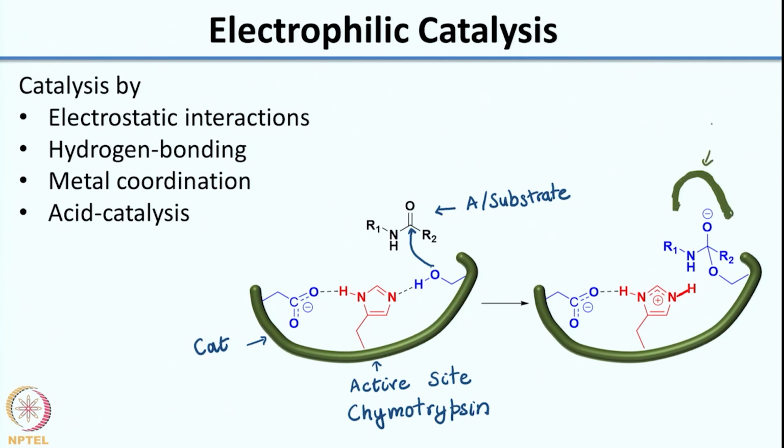So you have an additional pocket here. So this is an example of electrophilic catalysis, where you can see electrostatic interactions as well as hydrogen bonding, and this is seen in a lot of enzymes. You would also see metal coordination, acid catalysis, all of this coming together when you look at enzymes.